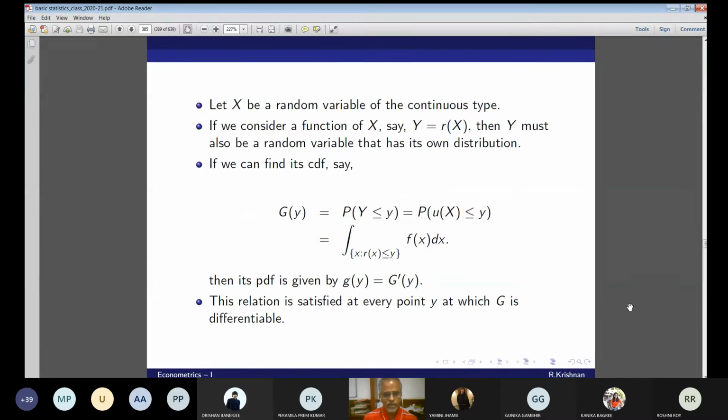Let X be a random variable of the continuous type. I consider a function of X, say Y is equal to r(X), then Y must also be a random variable that has its own distribution.